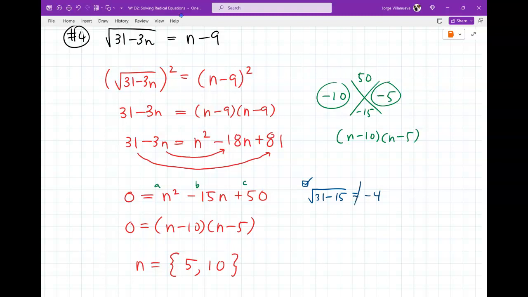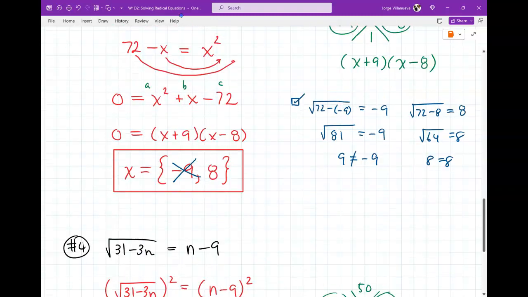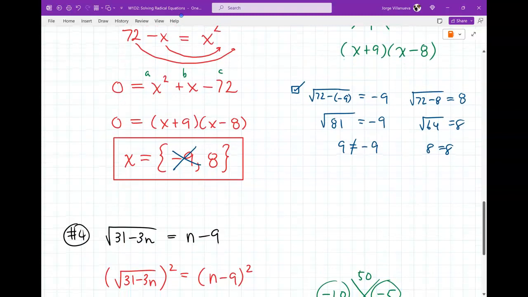This is not good, so that's not going to work. I could have done the same thing in the previous problem just to show you. I just went the whole way, but look. Square root equal to a negative 9. That's not good. Can't have that. Okay, square roots can't be negative. So they shouldn't be equal to negative numbers. But I just went through and did the whole simplification to even show you more proof, right?